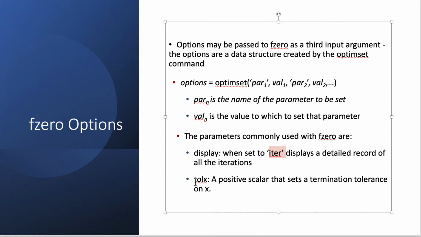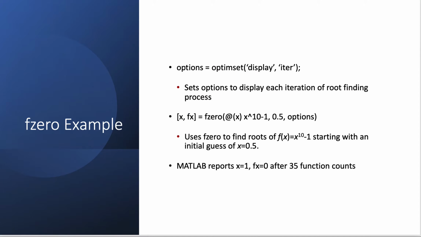And also you can pass a tolerance, meaning you ask the fzero function, don't give up until your root is close enough to this tolerance level. Typically tolerance would be 10 to the negative 4 or 5 or something like that. That will give you a very good approximation of the root.